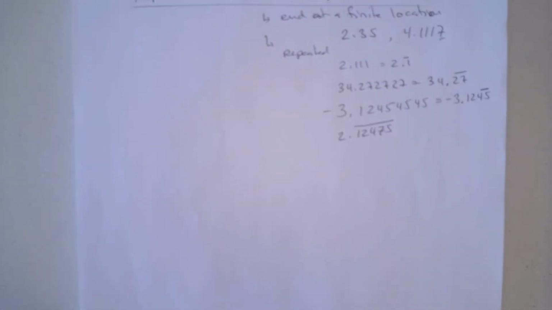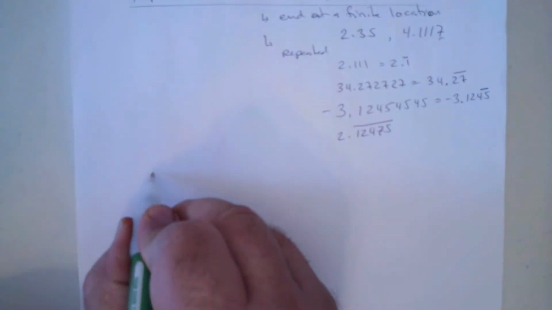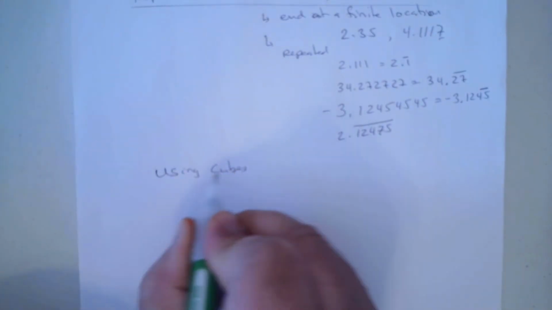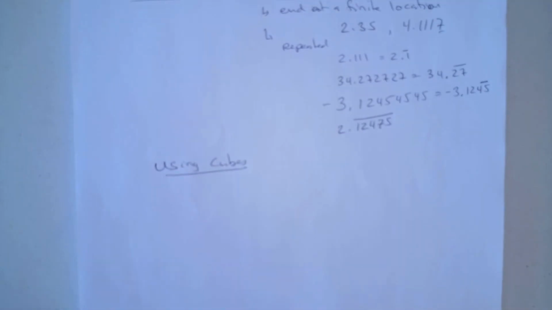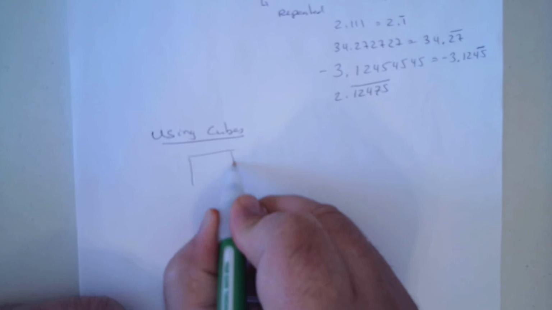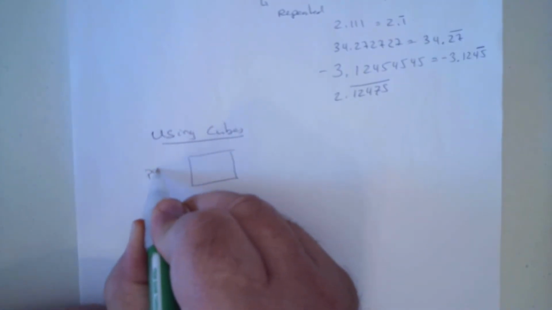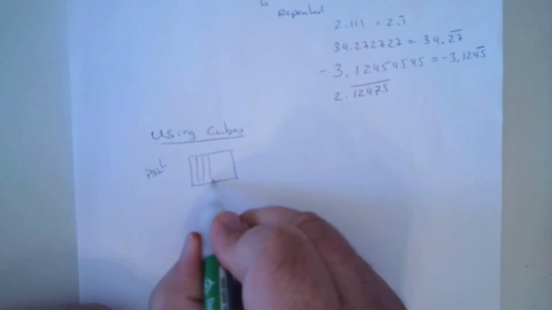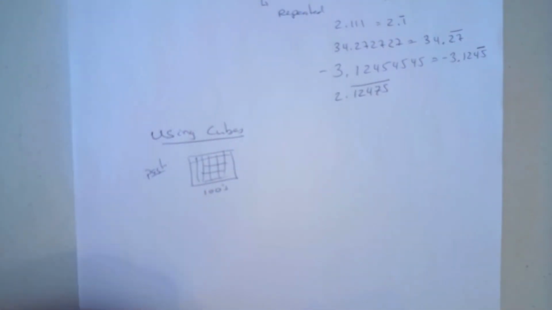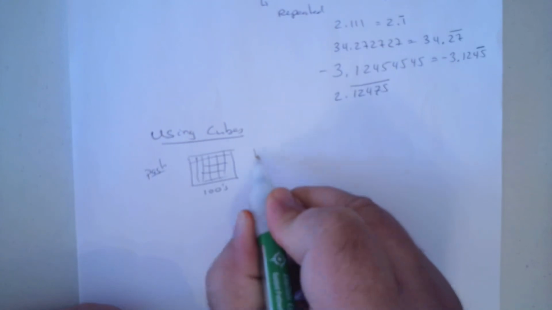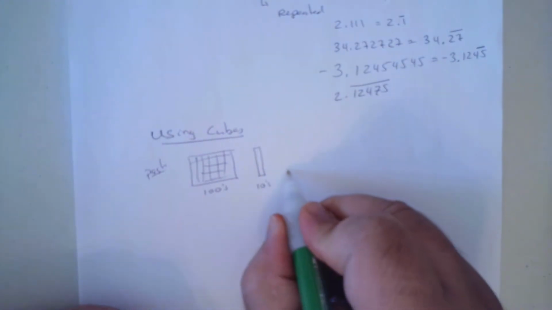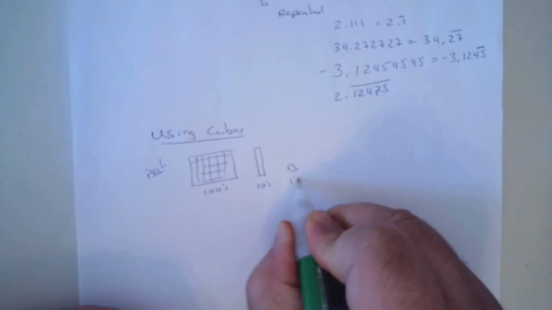So we look at using the cubes. Remember, in the past, if we had a big sheet, those were the hundreds. The single bars were the tens, and the single units were the ones.